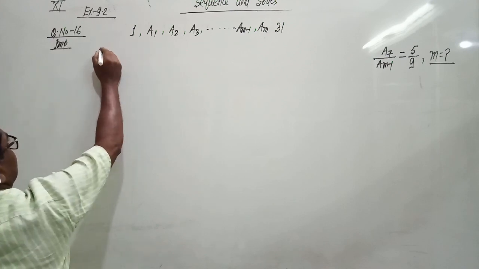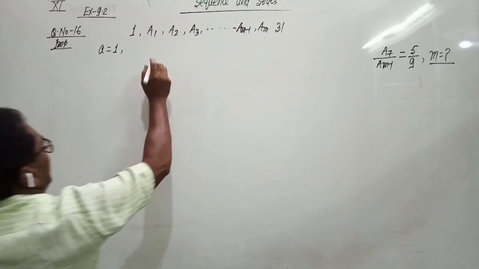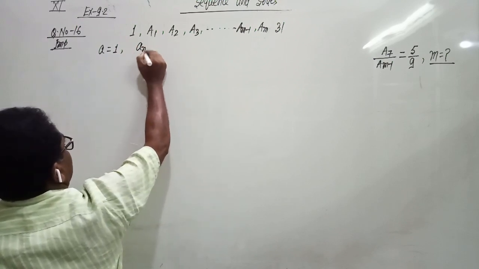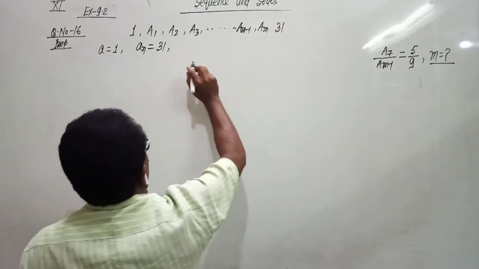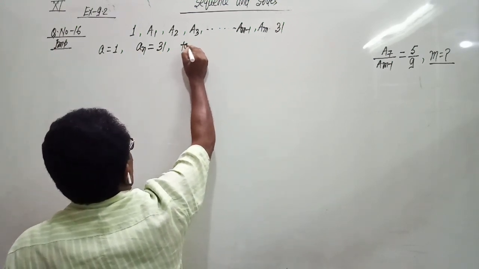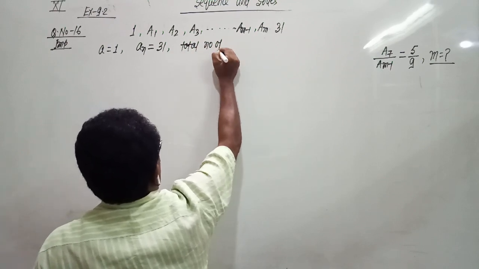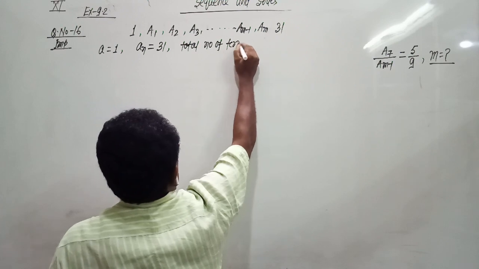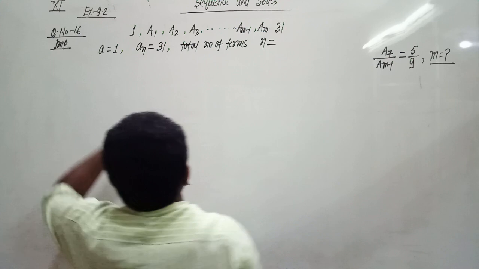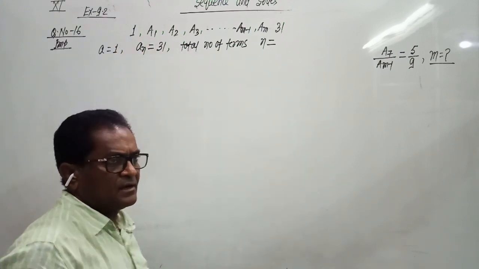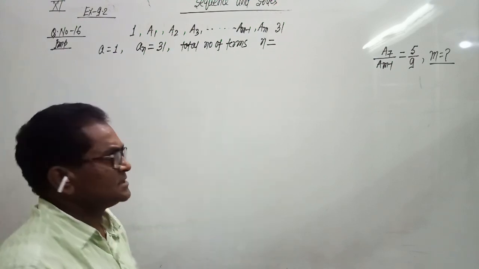So the first term is a equals 1, and the last term an equals 31. And the total number of terms, n, equals: there are two numbers 1 and 31, and between these two numbers m numbers have been inserted.